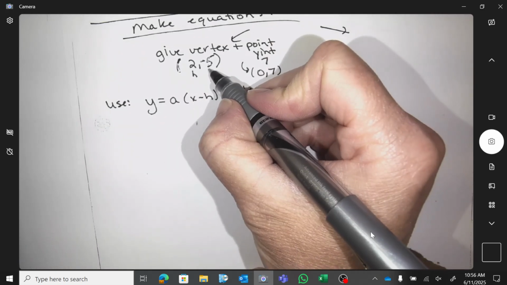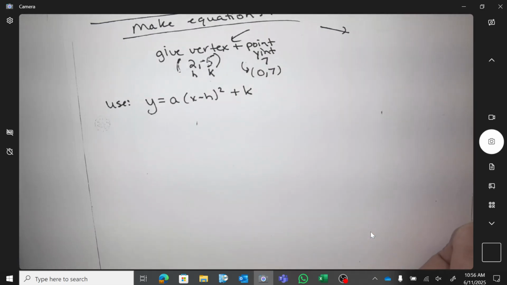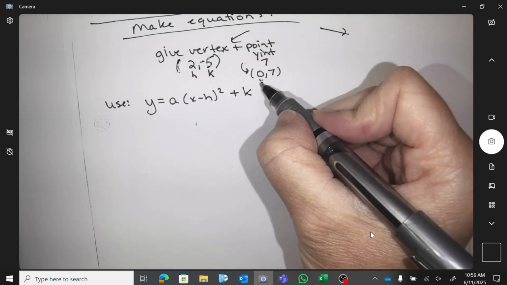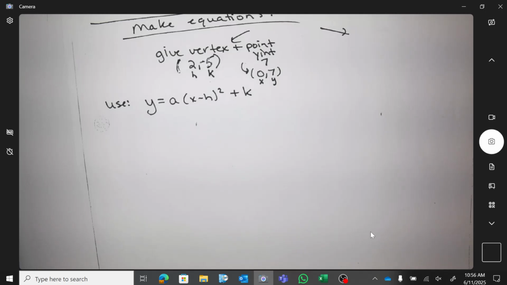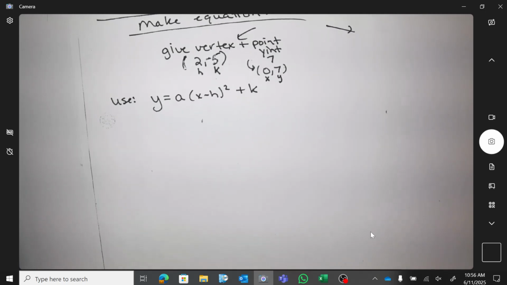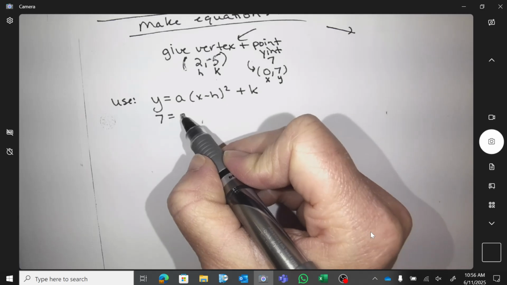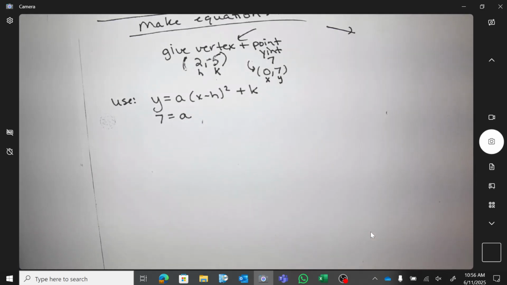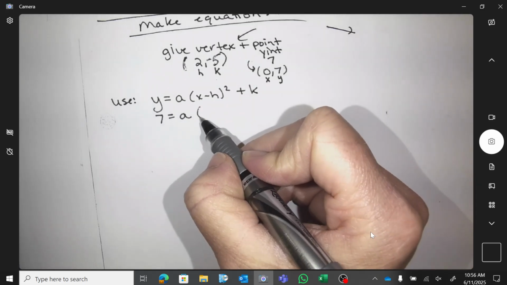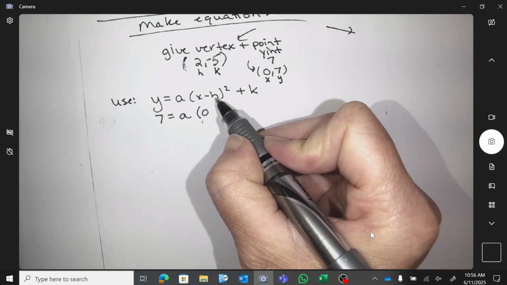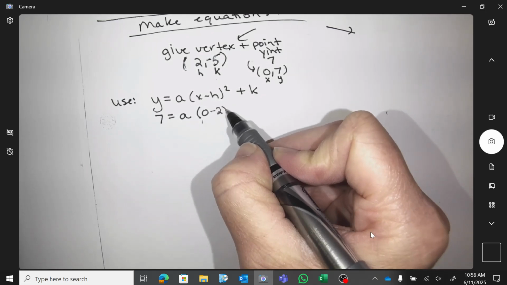H and the K. And when you have a coordinate, it is what letters? X and Y. So here's what I'm going to do. 7 equals, don't know this multiplier, 0. Oh, this has a subtract sign in front of it, so I'm going to write it with an opposite.